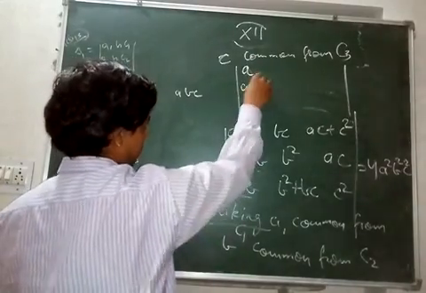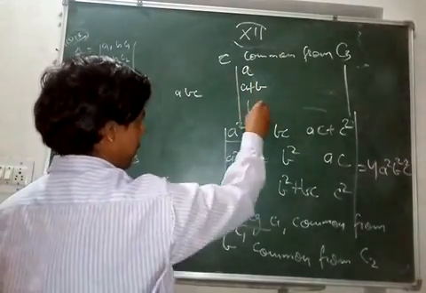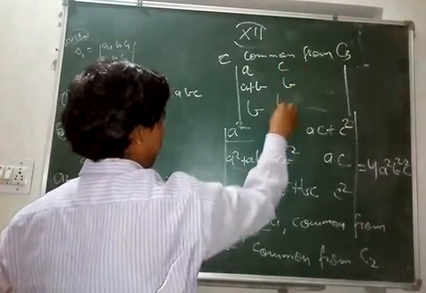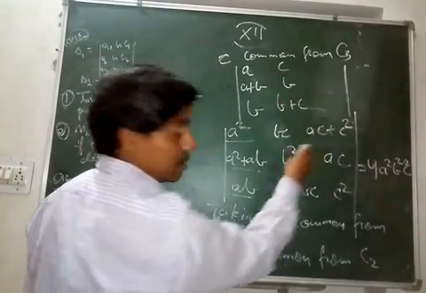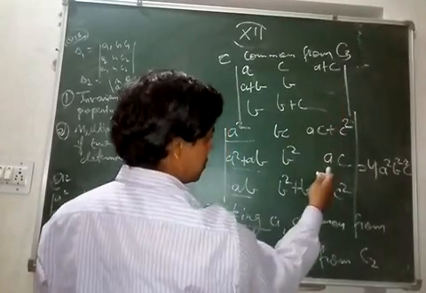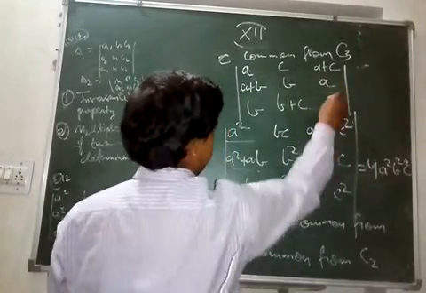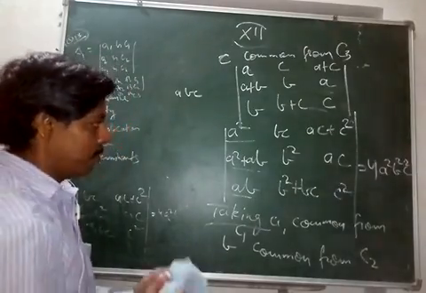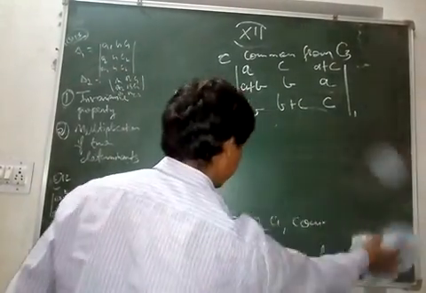a plus b and b; here c, b and b plus c; here c is common out, a plus c, this is c, a and this is c. Now, the next step, we have to evaluate what can be done.